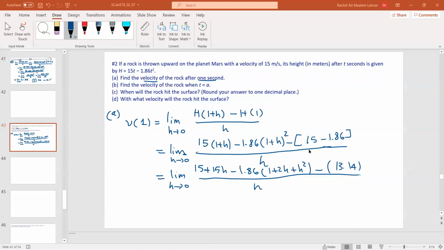Okay, so if you did it, you should get something like this. Then we do 15 and 1.86 and 15h, and distribute, right, 3.72, and of course you keep watching for the signs.